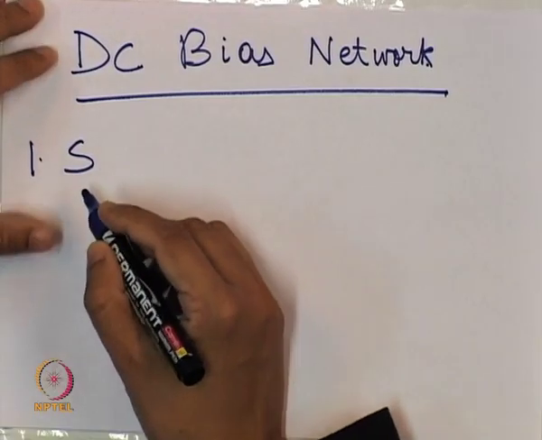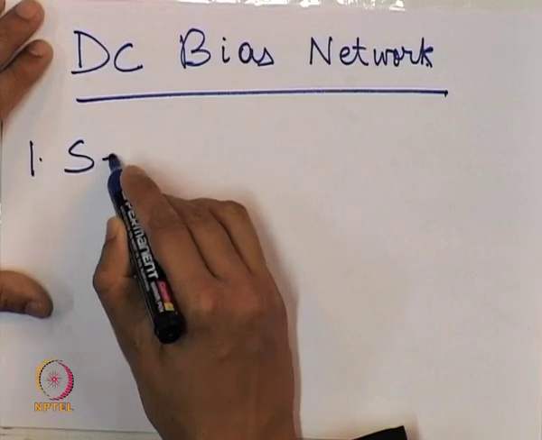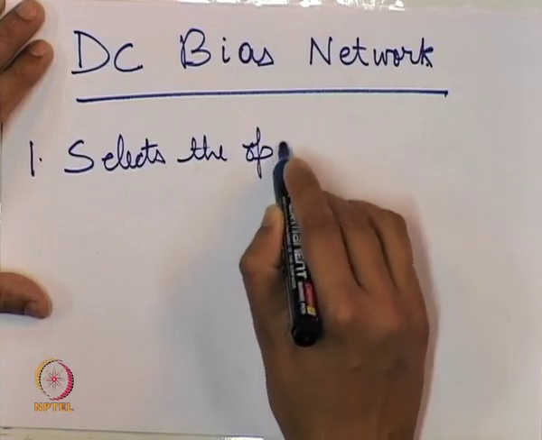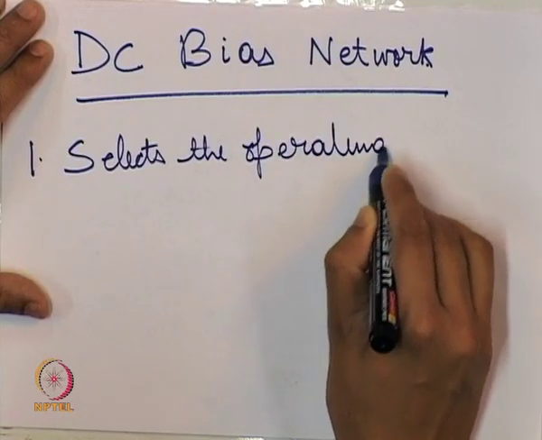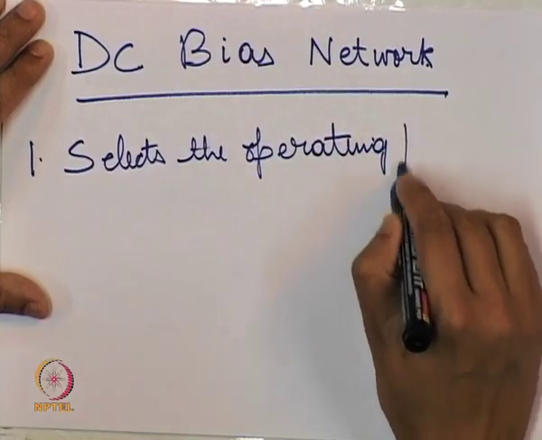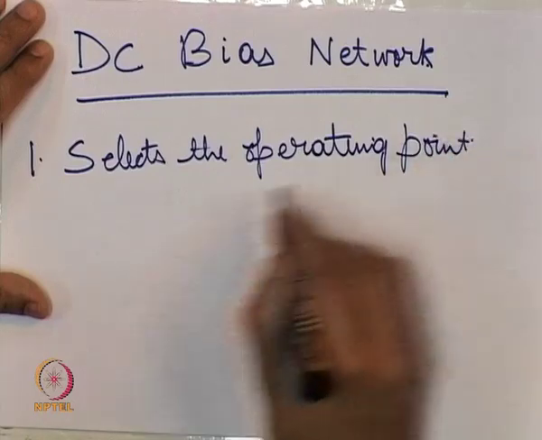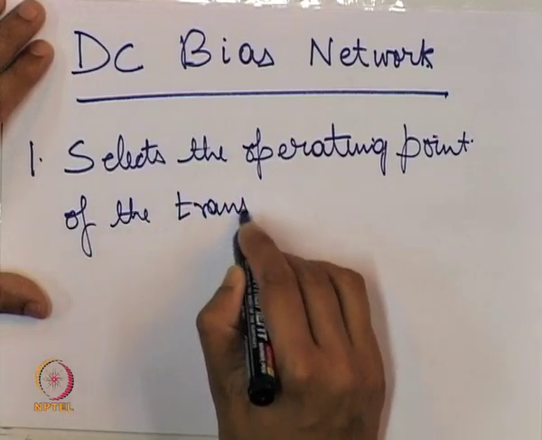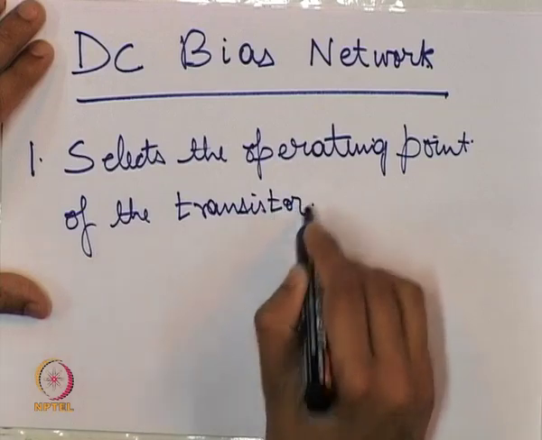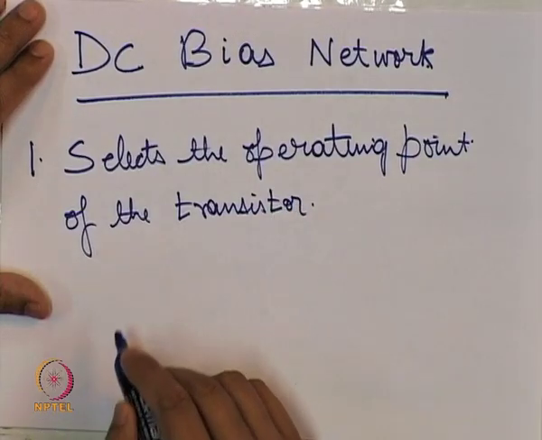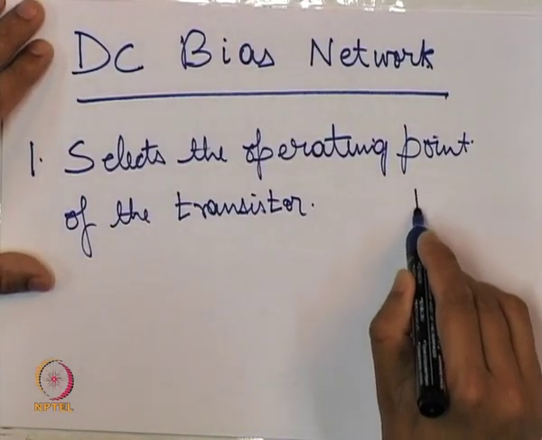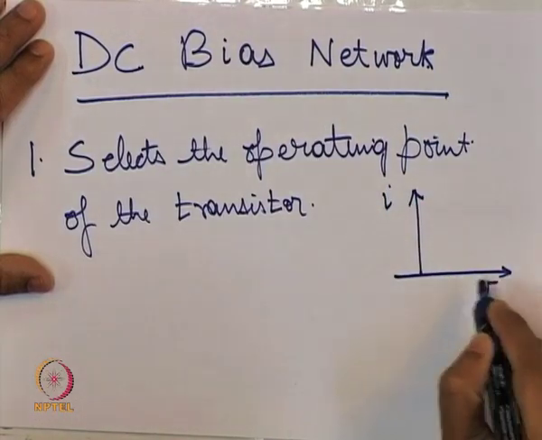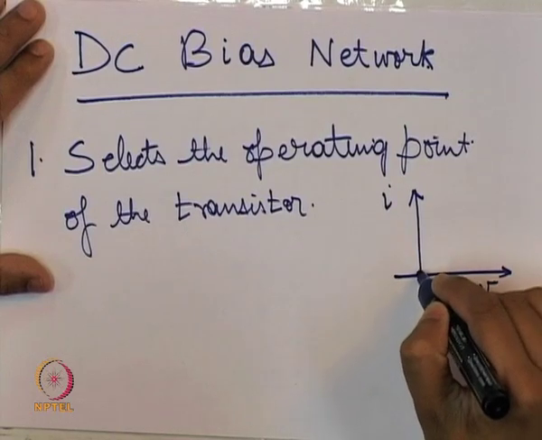So, the purpose of the DC bias network is many. First of all, it selects the operating point. Operating point means, suppose our transistor has a characteristic, without specifying what kind of characteristic this is.